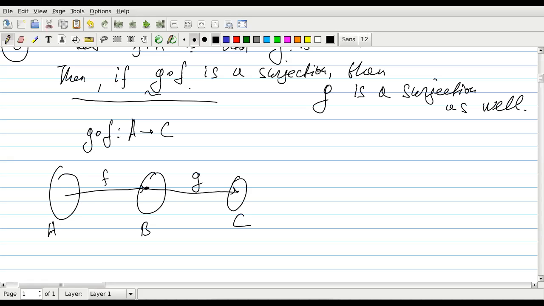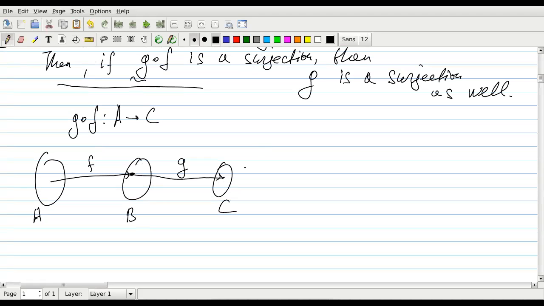And I know that the composition is a surjection. Why is G a surjection? It is quite clear indeed. For every element from C, there exists a point in A, so that there is a path of two arrows from A to C, first by F, then by G. But that means that at every point of C, some G arrow ends.